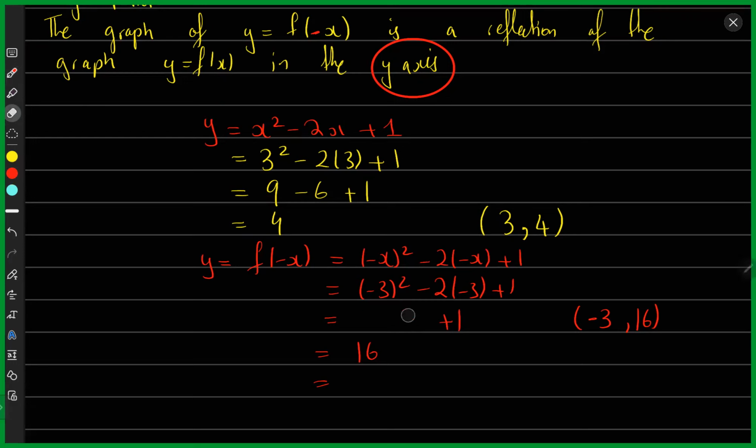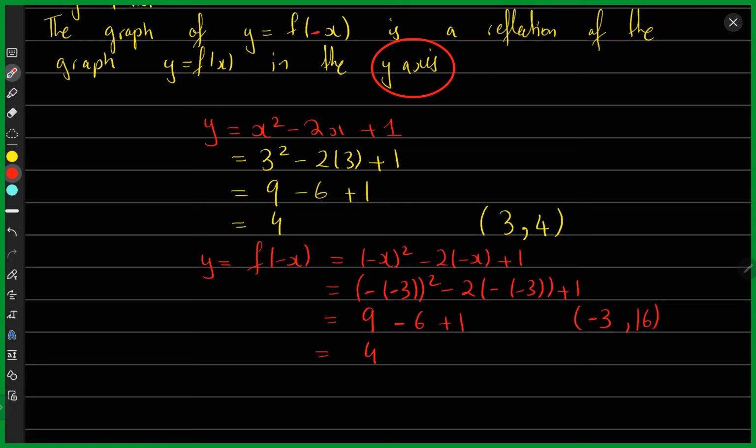One second. Minus 2, and now I'll add minus 3 plus 1. Okay, because this would actually mean negative 3. And this is going to be 9, negative 6 plus 1. So again, this would give me 4.